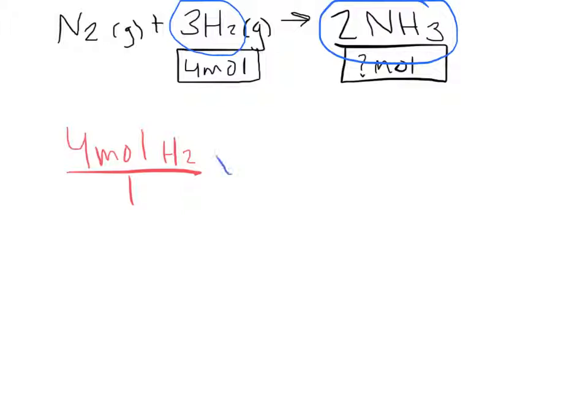When you're writing out your conversion factor, we have our moles of H2 on top, so we need to have our moles of H2 on the bottom. In the chemical equation, we have 3 moles of H2, so that's what we're going to put in our conversion factor. And for this reaction, for every 3 moles of H2 we have, we're going to end up with 2 moles of NH3.